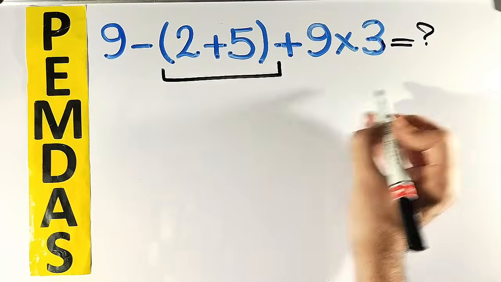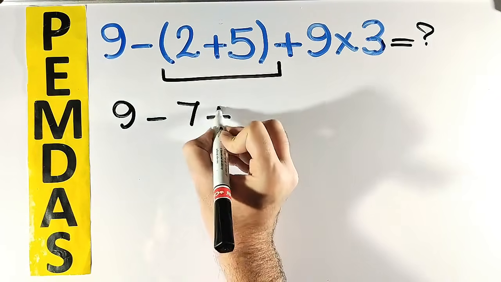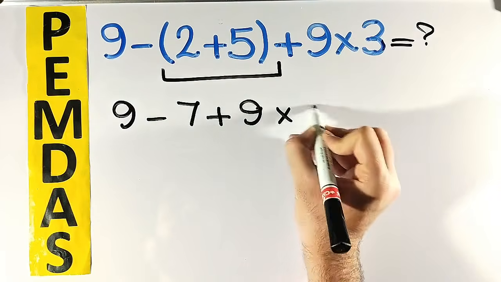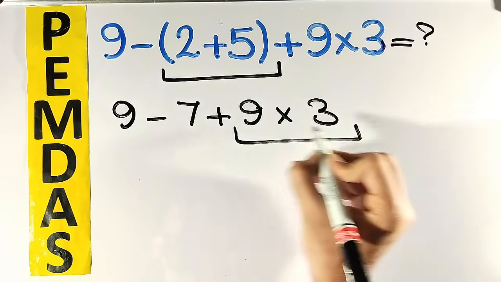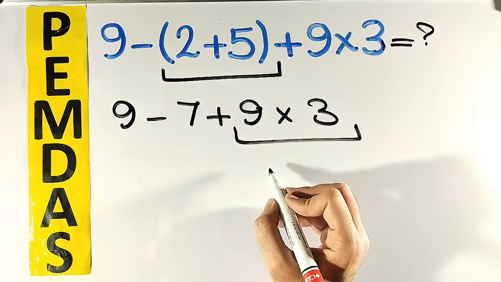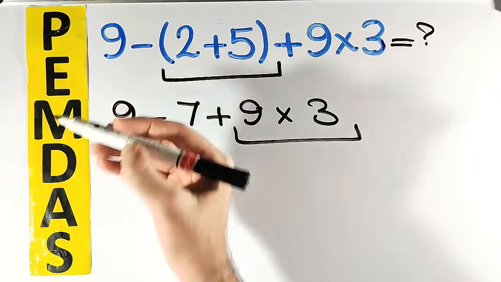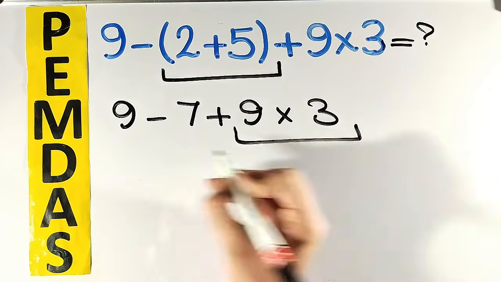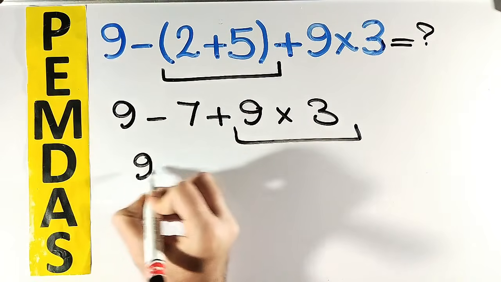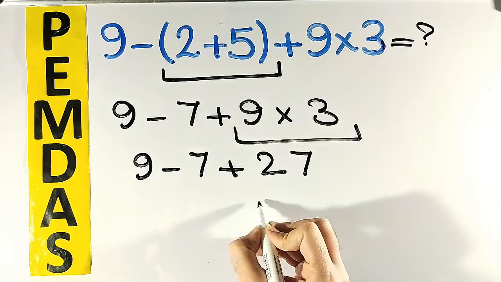So, instead of this expression, we can write 9 minus 7 plus 9 multiplied by 3. And the next step, we go for the multiplication between 9 and 3 because according to the PEMDAS rule, multiplication has a higher priority than addition or subtraction. So, we rewrite this expression as 9 minus 7 plus 27.